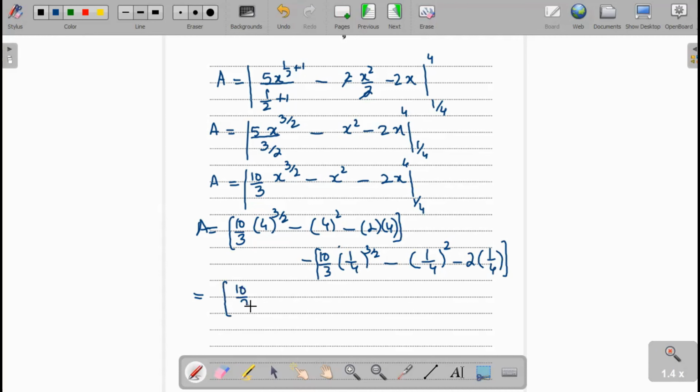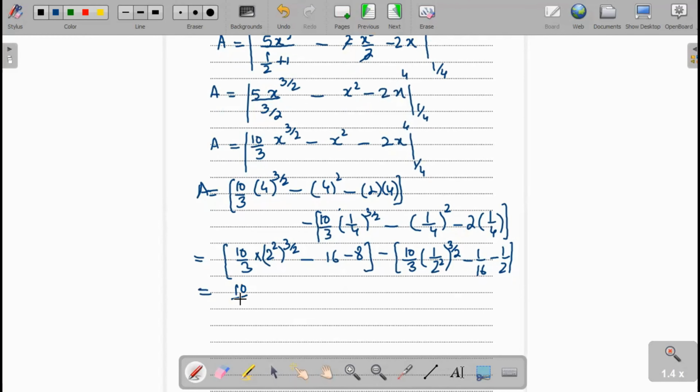Now 10 over 3, 4 is the square of 2, so 2 squared to the power 3 over 2 gives 2 cubed, which is 8, minus 16 minus 8, which is minus 24, minus 10 over 3 times 1 over 8, minus 1 over 16, minus 1 over 2.